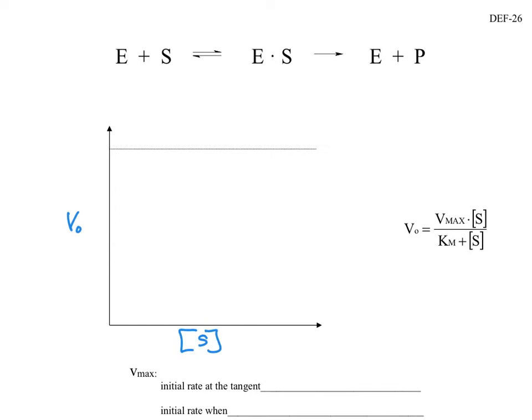The units for velocity are going to be micromoles of product per time, such as second or minute. And the substrate concentration will typically be in millimolar or maybe micromolar. Micro looks like a kind of a U with an extended part coming off of it. Those units will come back and be something that we look at a little bit later.